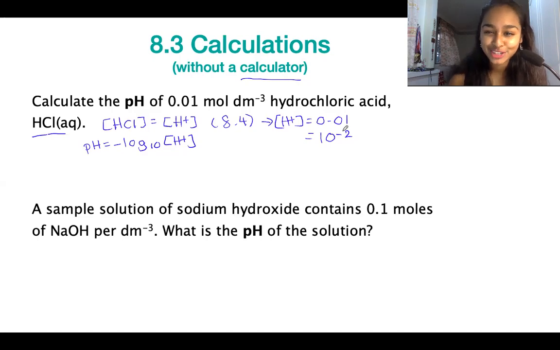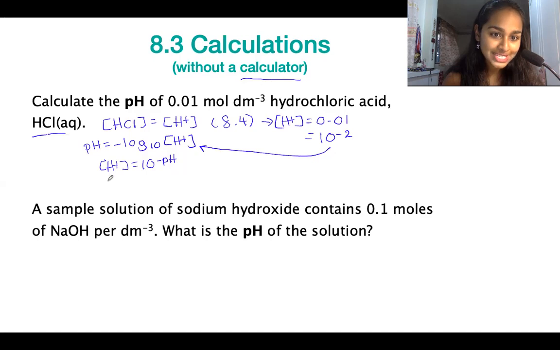So hang on a second, we've got to input this value over here. That's quite a tricky calculation to do without a calculator. So instead, let's use the other formula that we have, which is H+ equals 10 to the minus pH. Now, if I put the concentration of H+ here, which is 10 to the minus 2, we can see that there's definitely a similarity between these two expressions.